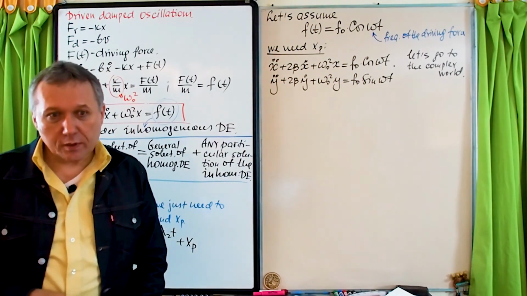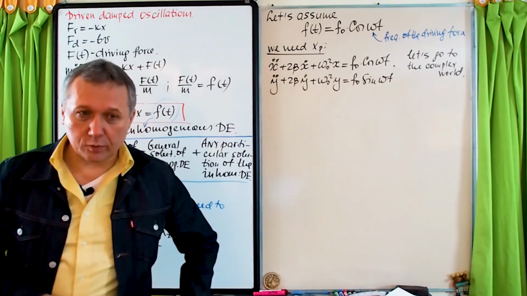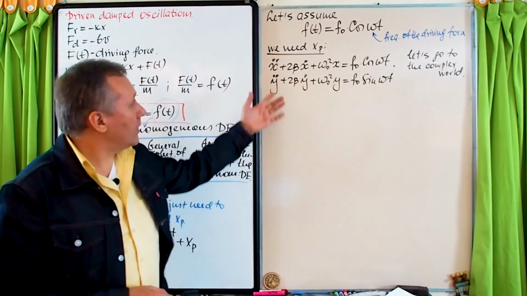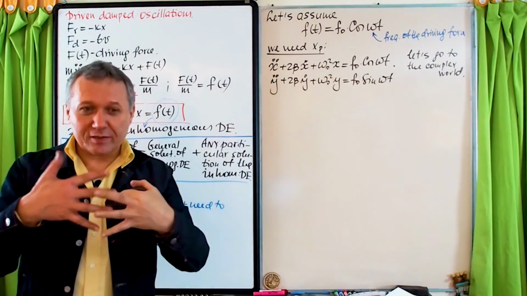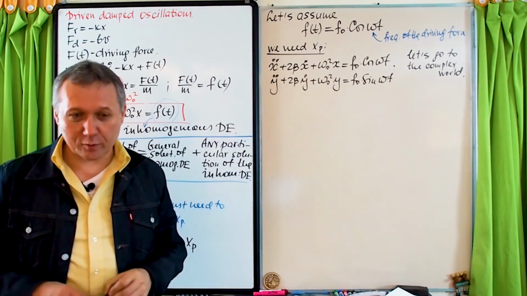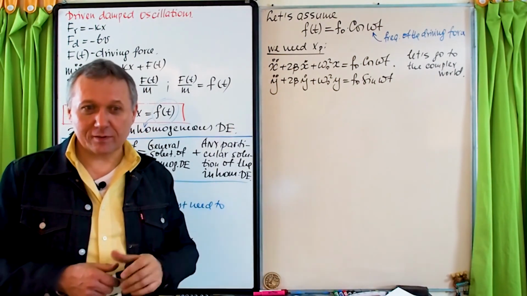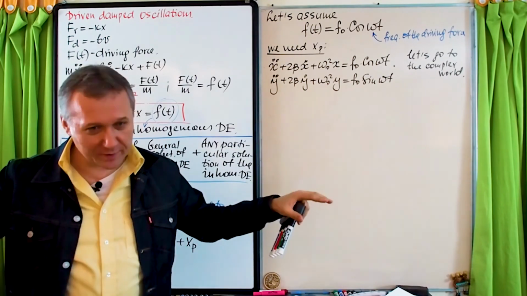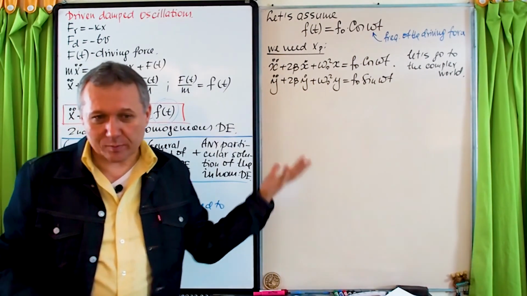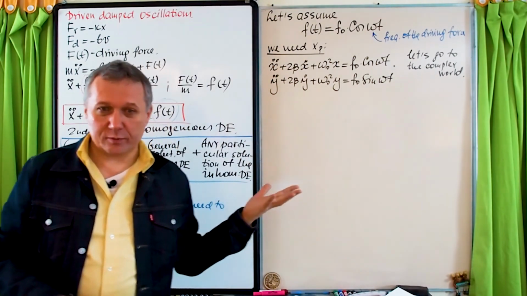It will make our life somewhat easier. These two equations don't interact inside of that complex world. So once you solve the complex equation, you take your solution, separate the real part and imaginary part, and we will get our solution.